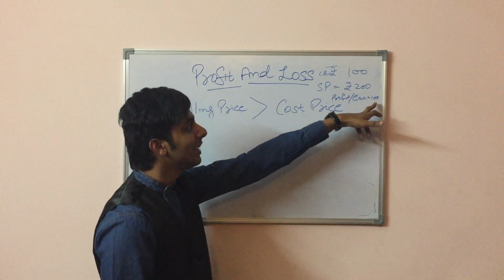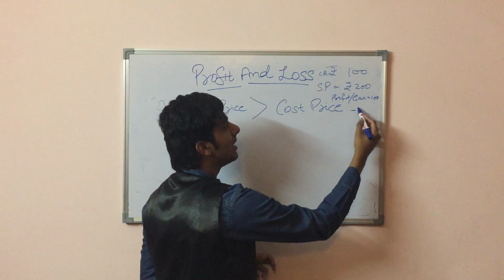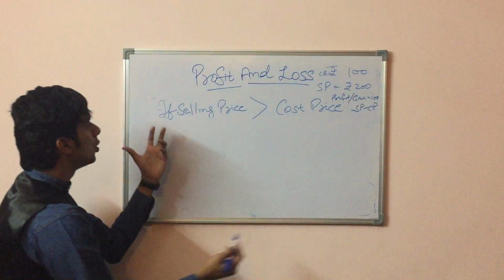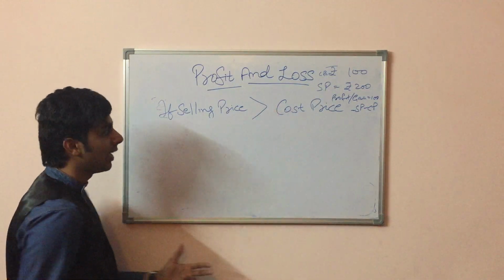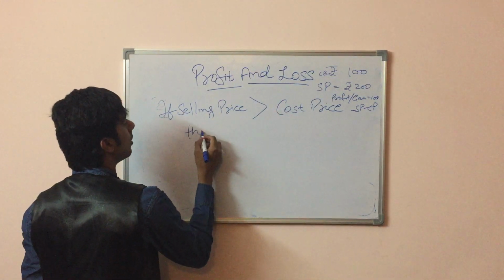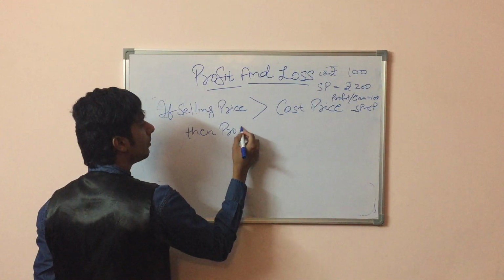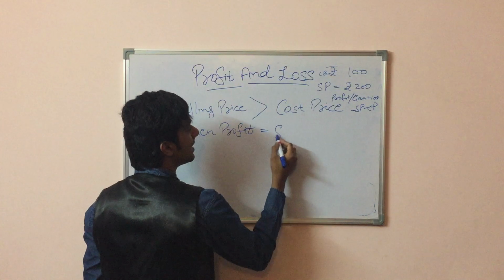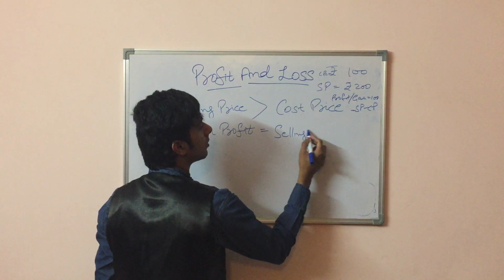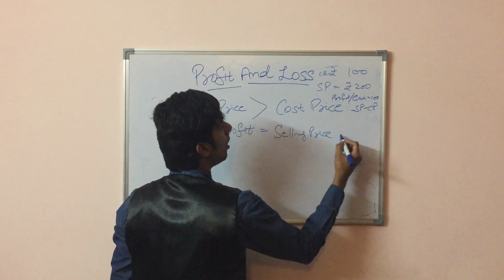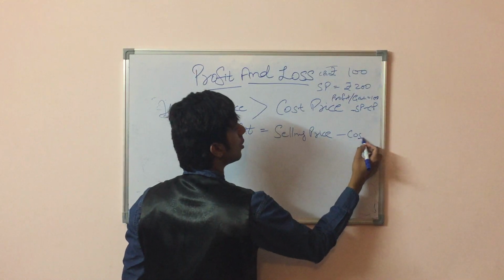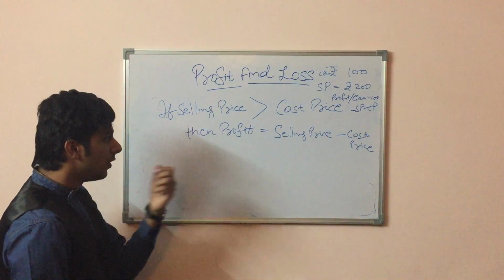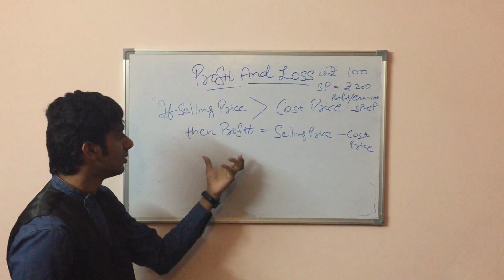So how do you calculate it? It is 100 rupees by subtracting selling price and cost price, right? So if selling price is greater than cost price, then we should be having a profit, and this profit will be equals to selling price minus cost price, right? We will be doing some examples also on this, right?